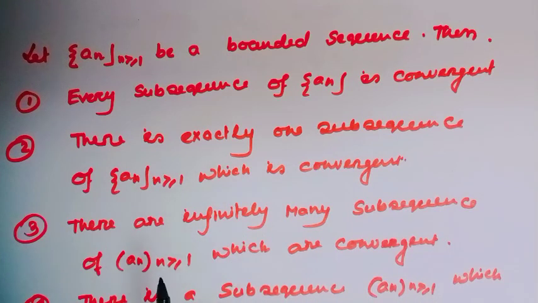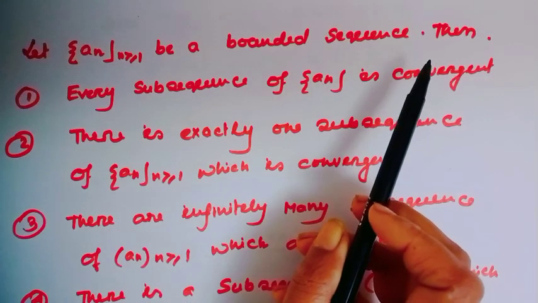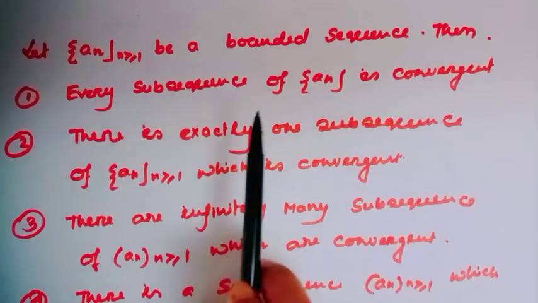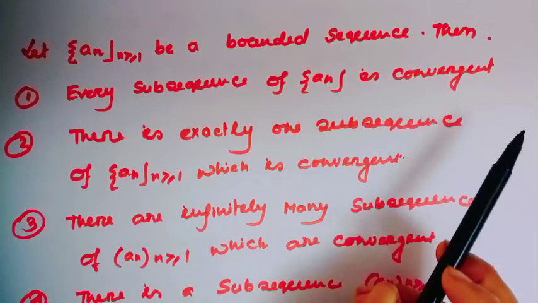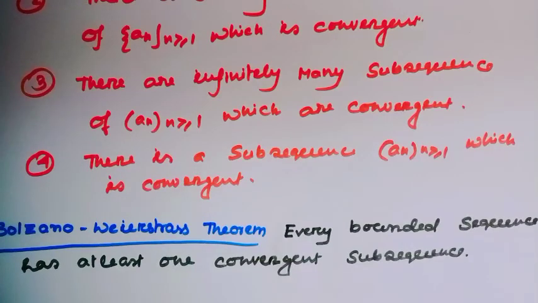Let an be a bounded sequence. Then option 1, every subsequence of an is convergent. Is it true? Recall the Bolzano-Weierstrass theorem. What is the statement of the Bolzano-Weierstrass theorem?